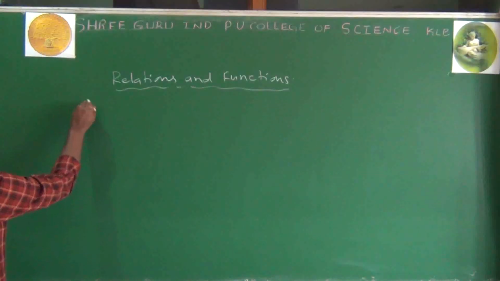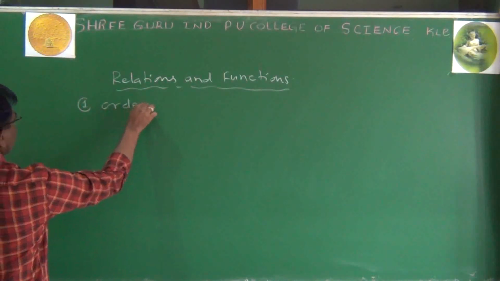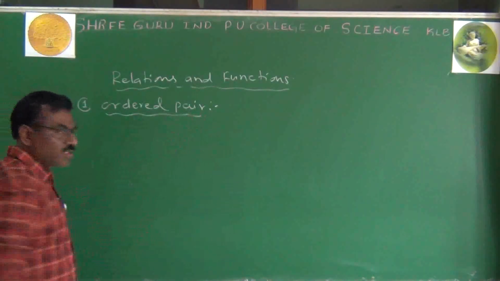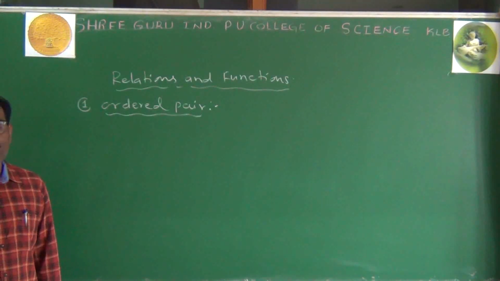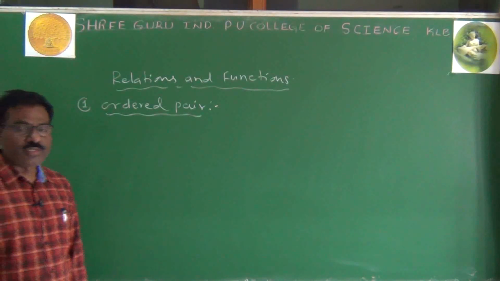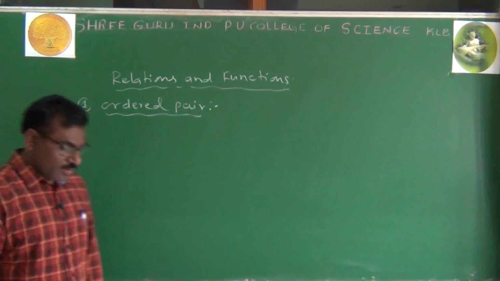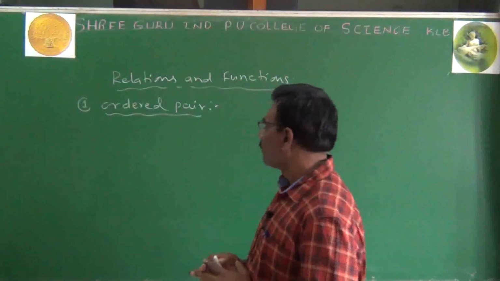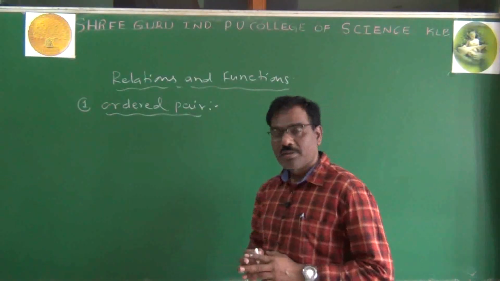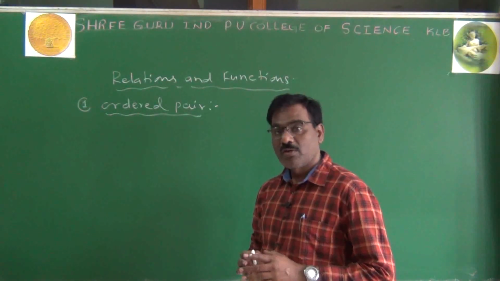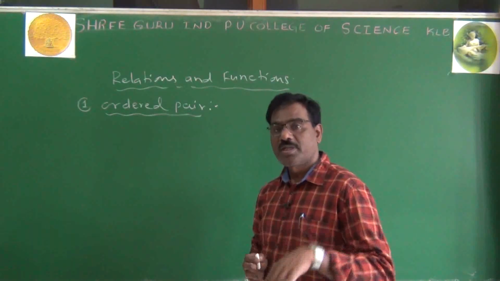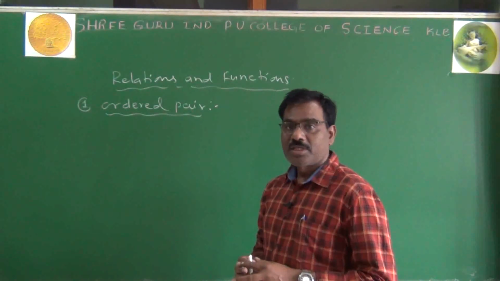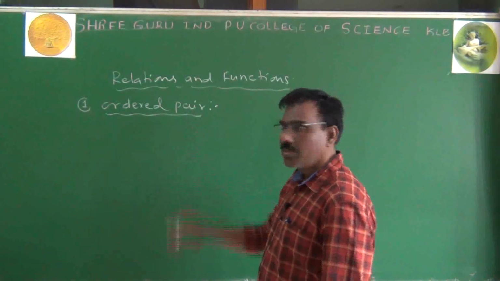The first one is ordered pairs. So what is an ordered pair? If a pair of elements is listed in some specific order, such a pair is called an ordered pair.